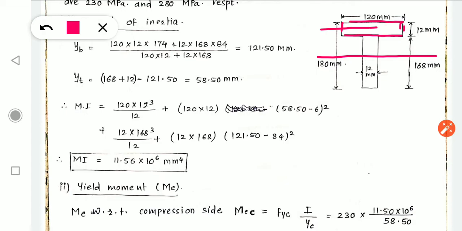So you have to take the distance between its own axis and the neutral axis. According to that, you can take the help of y: y top minus this distance.